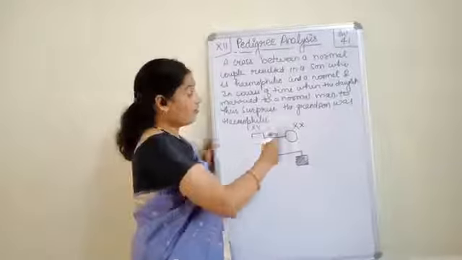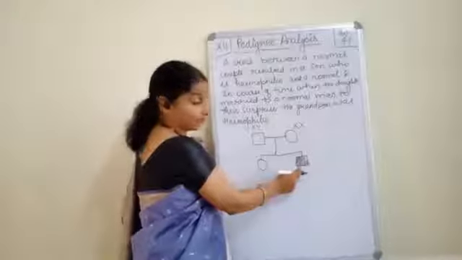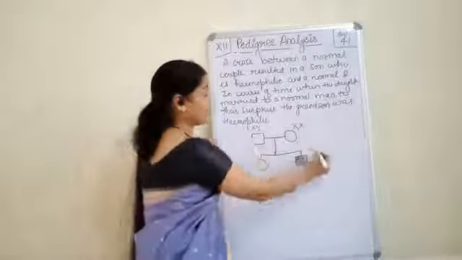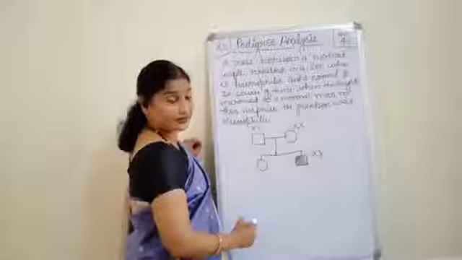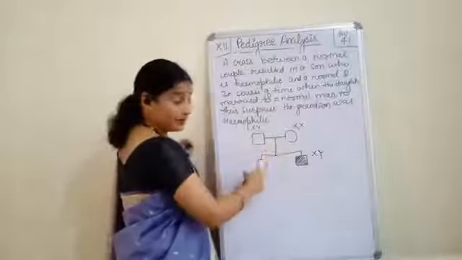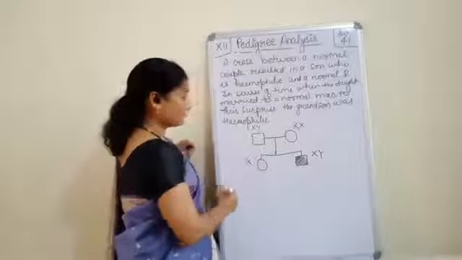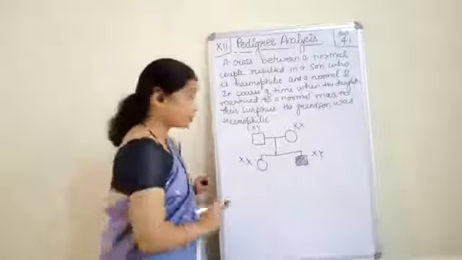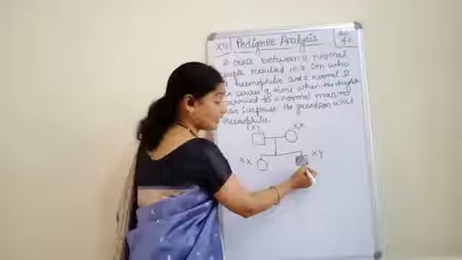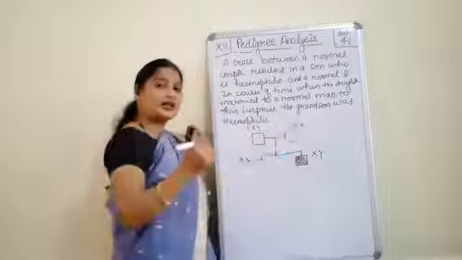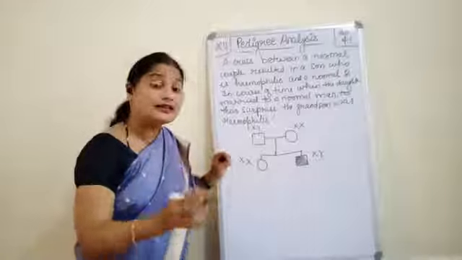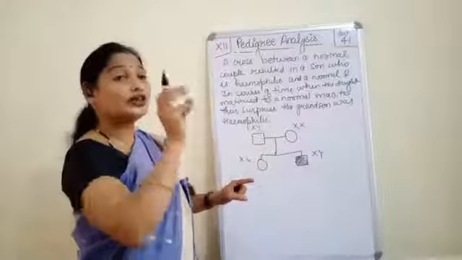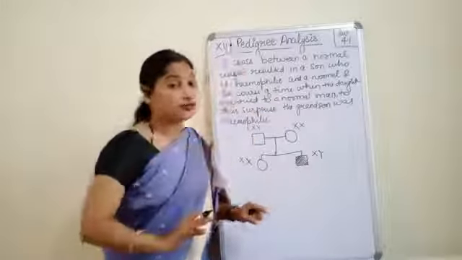Which chromosome comes to the son? X from the mother's side and Y from the father's side. Clear? What will happen here? X from the mother's side and X from the father's side. Now see children, the boy is hemophilic and hemophilia is a sex-linked disease, an X-linked disease. It means the faulty genes are present on the X chromosome.